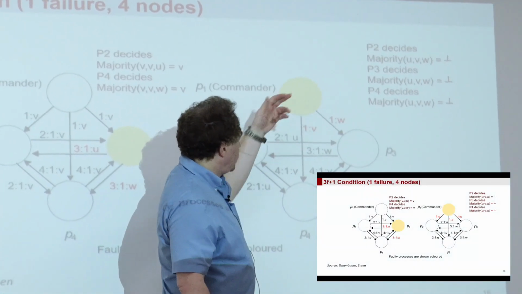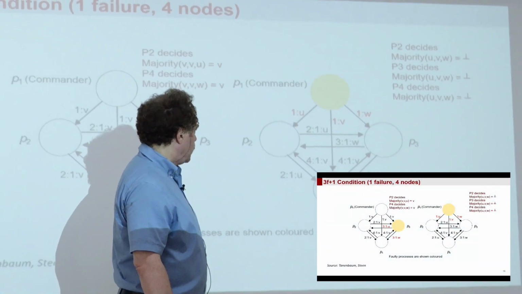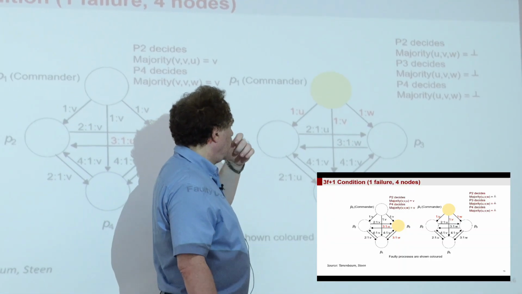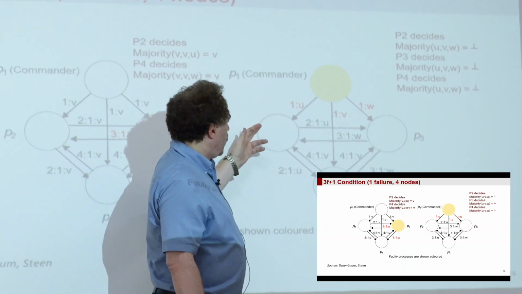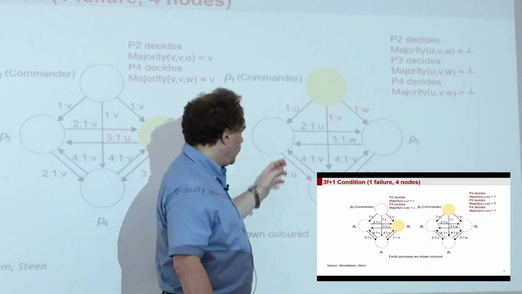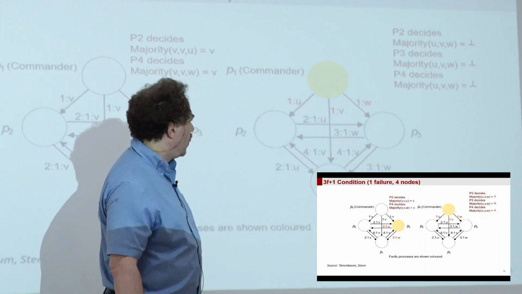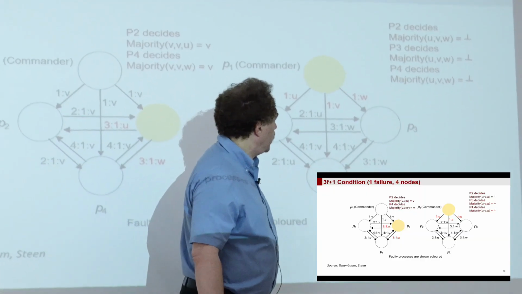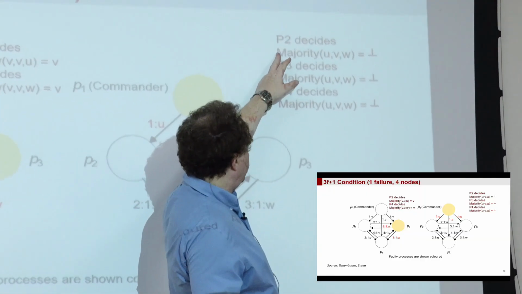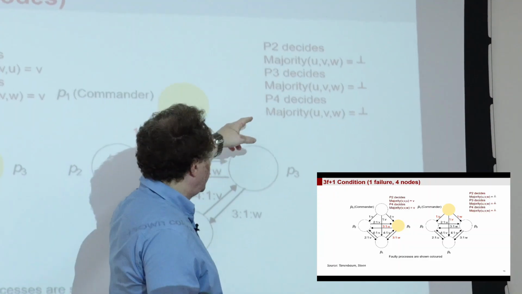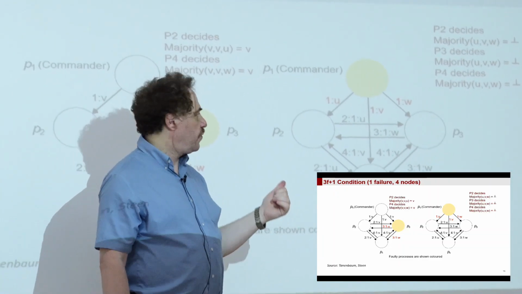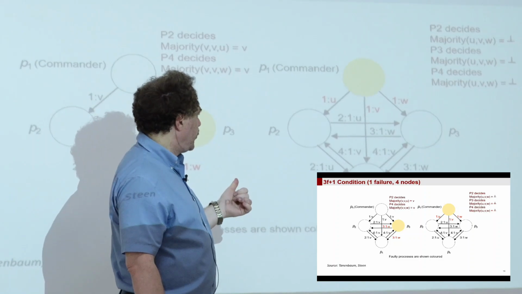This is the second case, the case of a Byzantine commander. And here the commander was sending 2 different values. Now, what happens here is that there is no majority. So each process would see that no value is getting a majority.